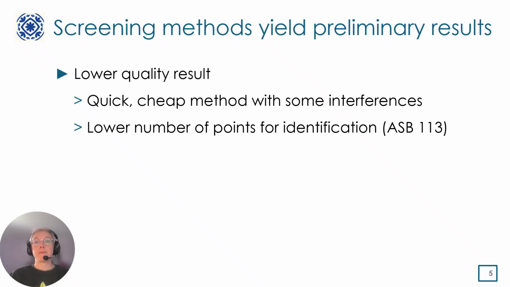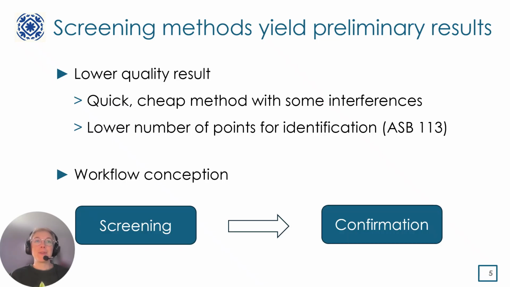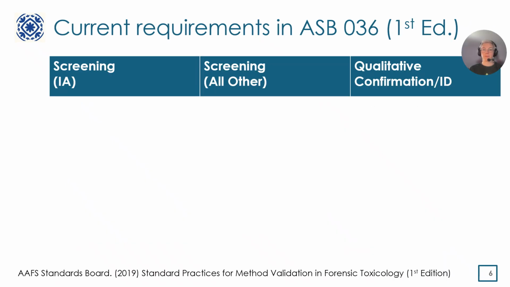For a definitive reportable result, this needs to be followed by a higher quality confirmation method, and that generally garners a higher number of points. So why do we still use screening methods? Well, because they remain useful to direct the workflow. If you have a series of confirmation methods available, your screening result might guide you in choosing the proper confirmation.